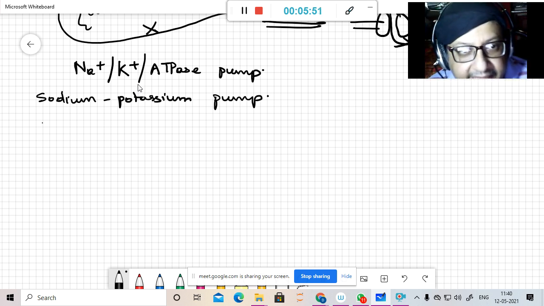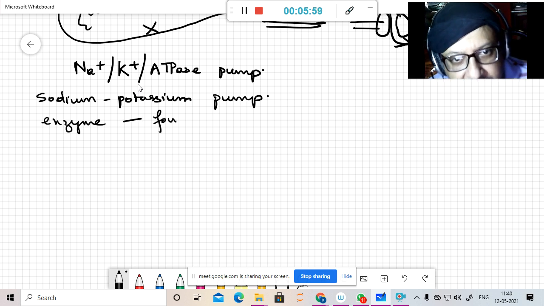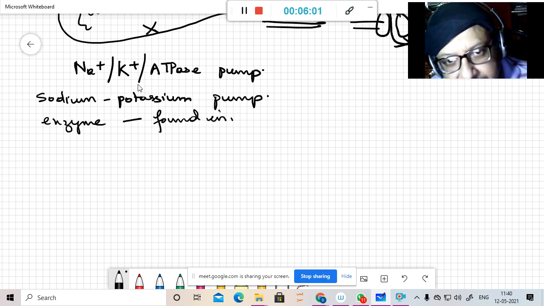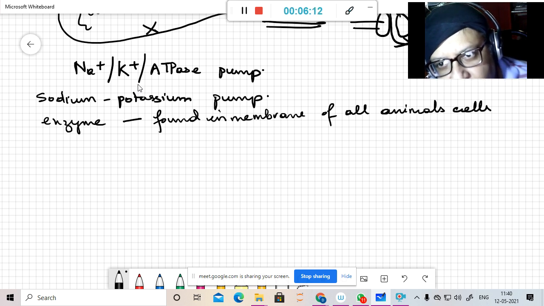It is basically an enzyme and it is found in the membrane of all animal cells. It's found in plant cells also, but especially in the membrane of all animal cells.